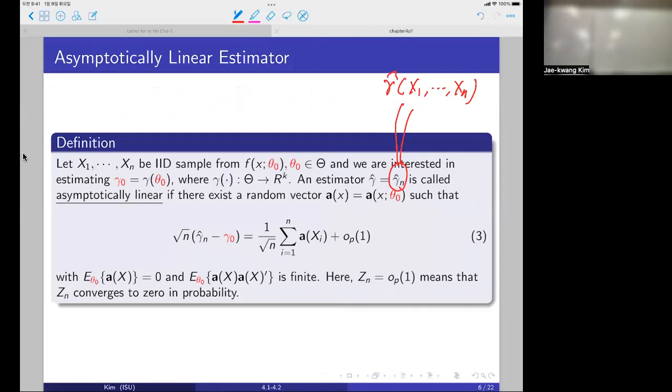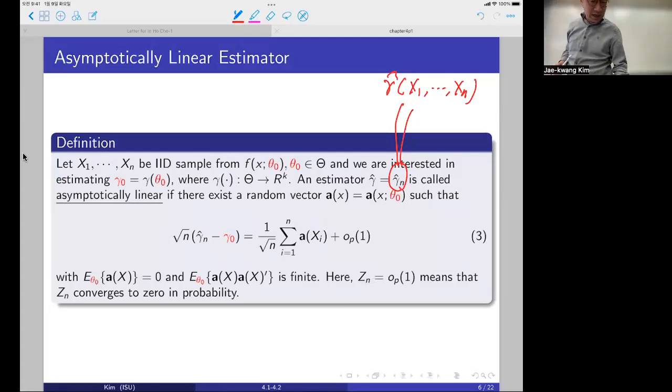Then the usual tool is to obtain an approximation such that the remainder is a sum of functions of a single observation, with zero expectation and finite variance.